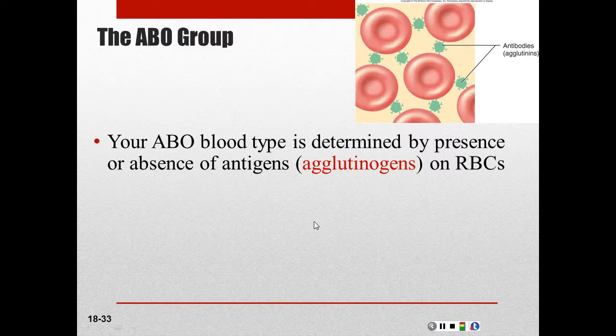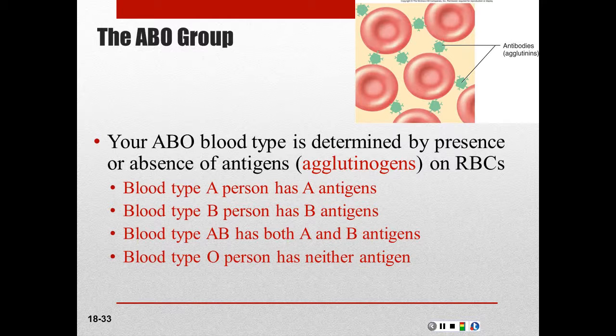Antibodies of the ABO group react against the A or B antigen, except those on one's own RBCs. The antibody that reacts against A is called anti-A, and it is present in the plasma of people with type O or type B blood.